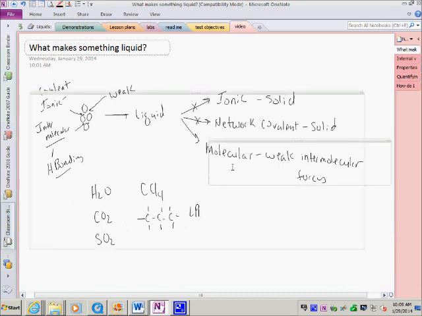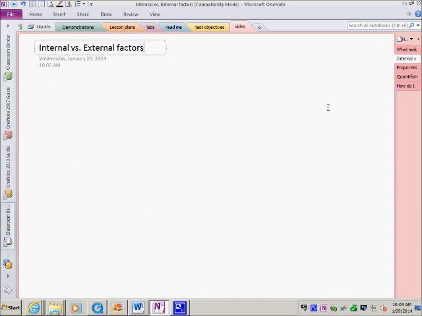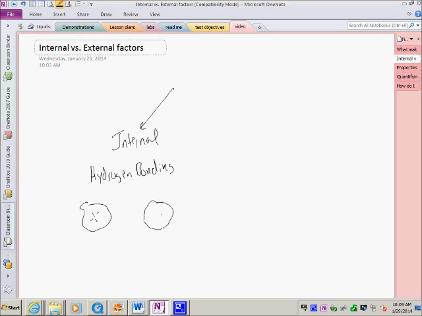Now we're talking internal versus external forces. Internal forces is what we just talked about, the actual bond type. So we're talking hydrogen bonding. We have a molecule, and there is some covalent bonding on the inside of this thing, potentially another covalent molecule, covalent bonding on the inside, and for some reason we have a highly electronegative atom on one side and not so much on the other side, creating what we call a dipole.